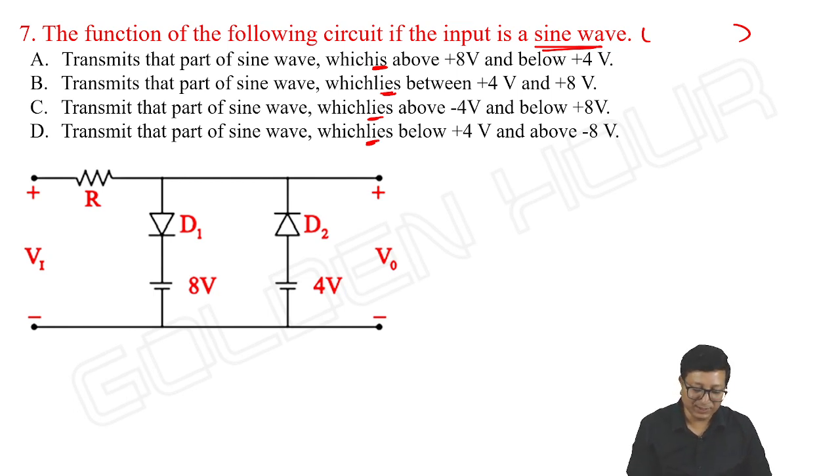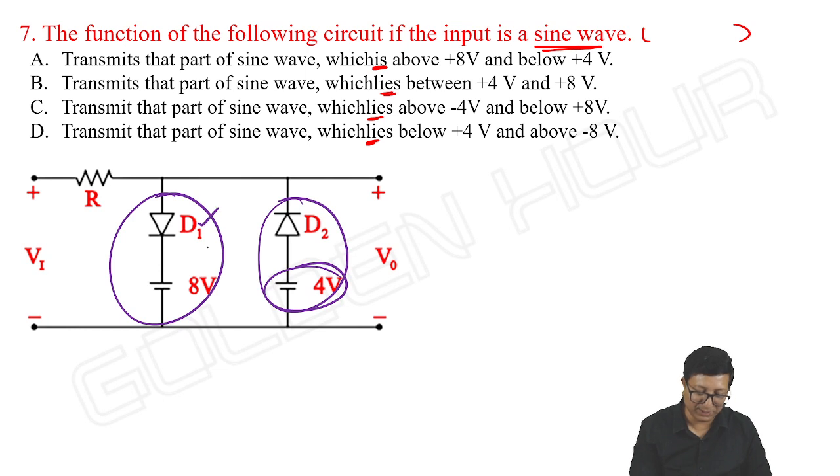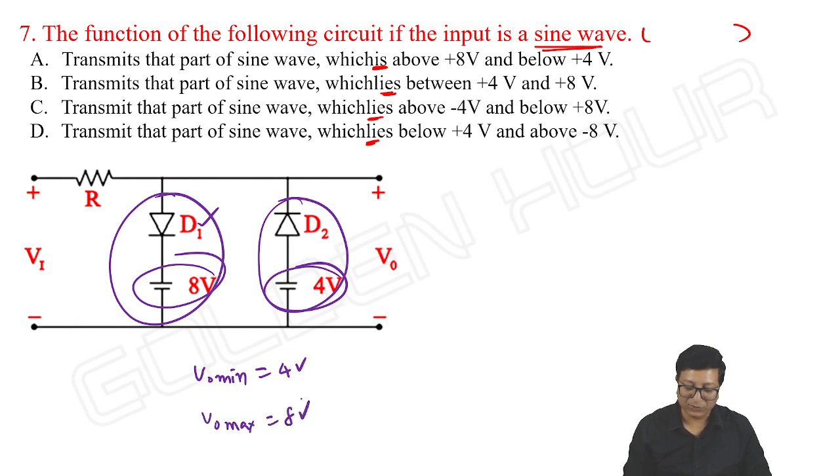Anyway, what is the answer? Check it. The diode directed upwards is connected to a lower voltage compared to the diode directed downwards, which is connected to 8 volts. So if you take its transfer characteristics, output minimum is equal to 4 volts and output maximum is equal to 8 volts.